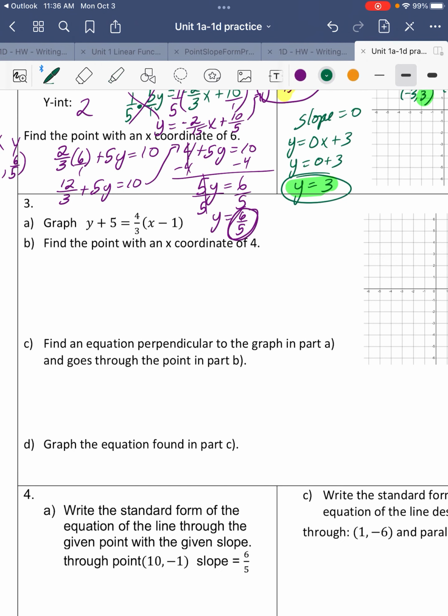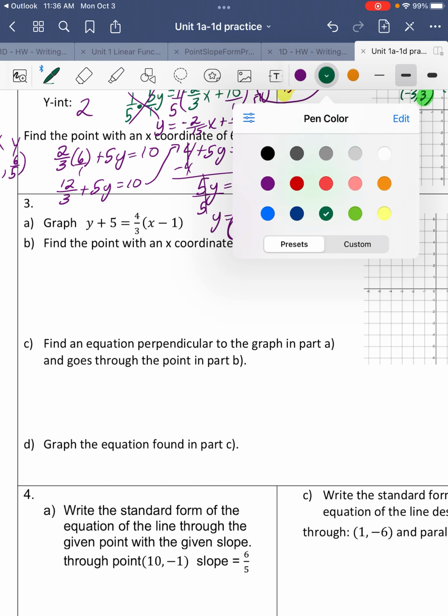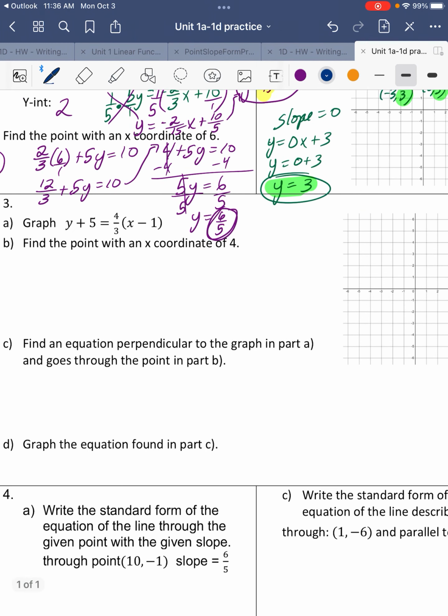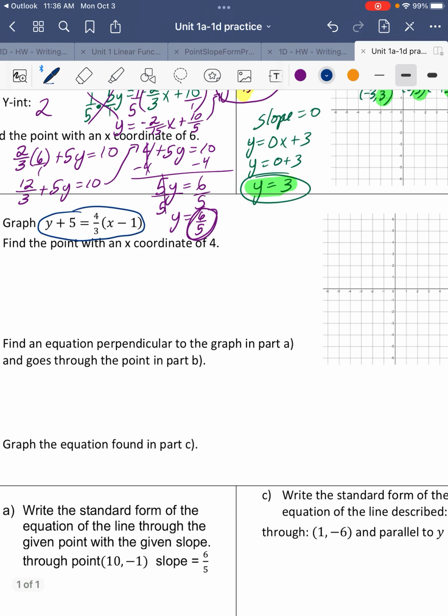All right, number 3. First, we need to graph this. If I'm giving you point-slope form, we can find the point. The slope of this graph is 4/3. And we need a point. So we have y minus y1 equals m times x minus x1.